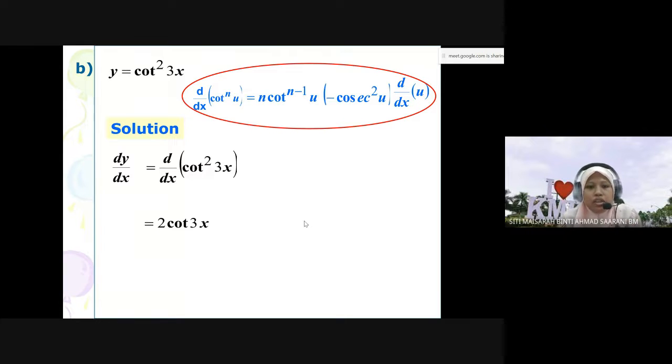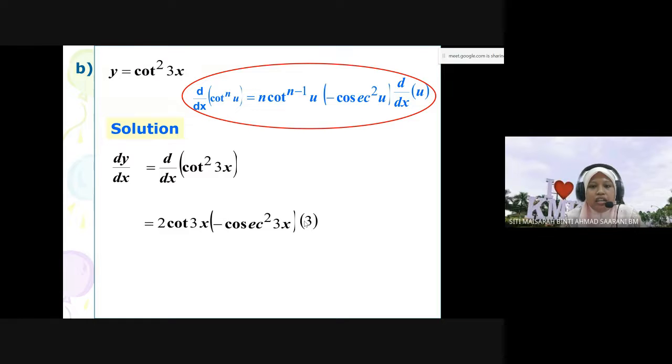Then kita kena differentiate dia punya trigo. Differentiate cot, it becomes negative cosecant square 3x. Dan last kali kita differentiate dia punya angle. Angle dia is 3x. We differentiate 3x, we get 3. So multiply by 3. Then after kita dah complete kita punya differentiation ni, so then kita boleh simplify.